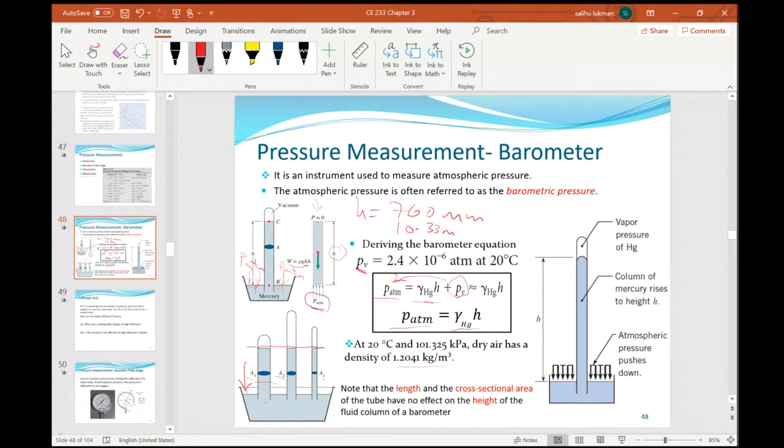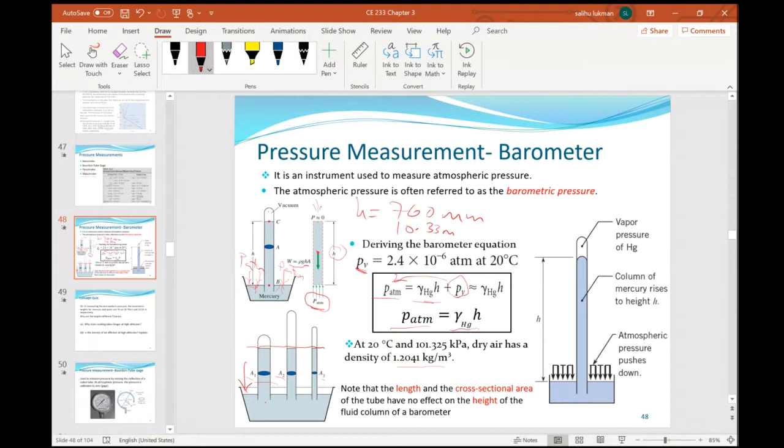Okay, and this is solely because of the density. The height to which water will rise is about 14 times higher than the height to which mercury will rise, because mercury is denser than water. Okay.